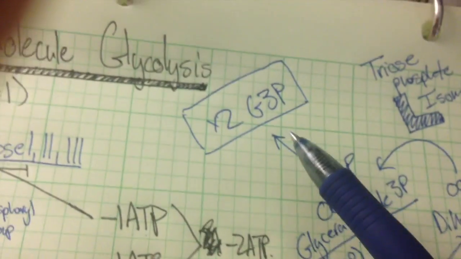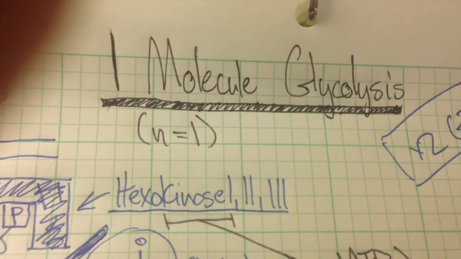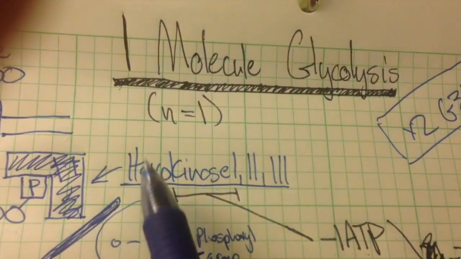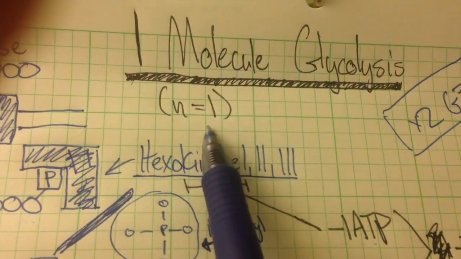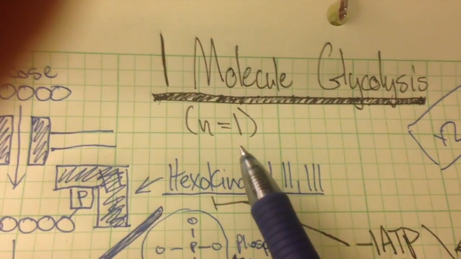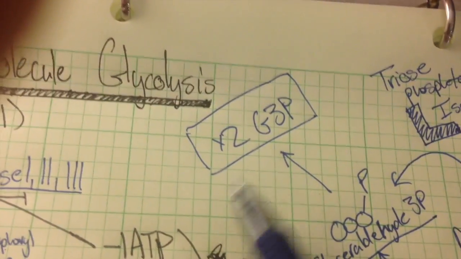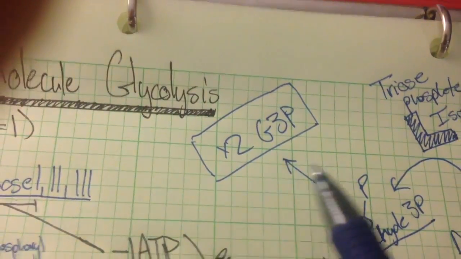So that's basically the cleavage point where we go from one molecule glycolysis, where for one molecule of glucose, all the substrates we list here, we're going to get one of them, and then we're going to move into the 2-molecule glycolysis that will feed us into the Krebs cycle.